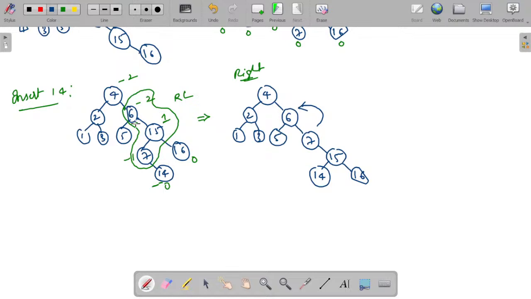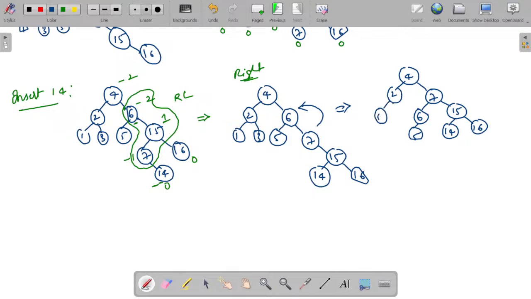So we should always keep in mind which 3 nodes we are performing the rotation on. Now the tree would change into something like this: 4, 7 becomes our new parent node, 6 is pushed down, 6 has a left child which is 5, 15 is the right child of 7, and 14 and 16 are the child nodes of 15, and 4 has a left subtree which is 2, 1 and 3.